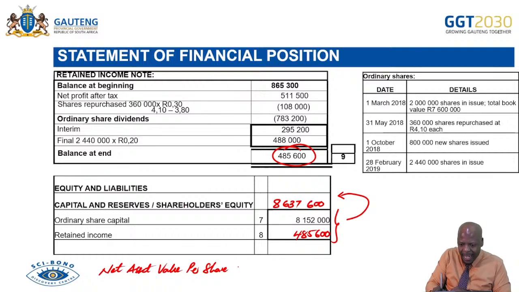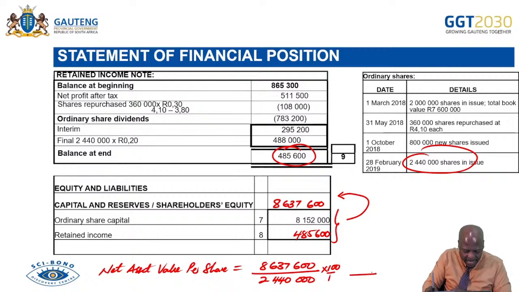I take my shareholders' equity, which is 8,637,600, and I divide it by the number of shares in issue, which is 2,440,000. Then I multiply by 100.